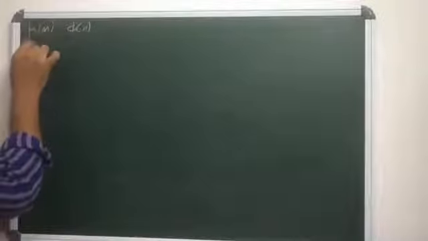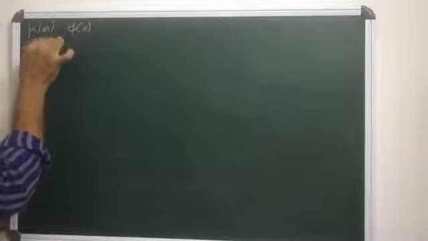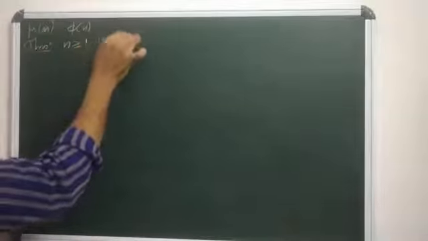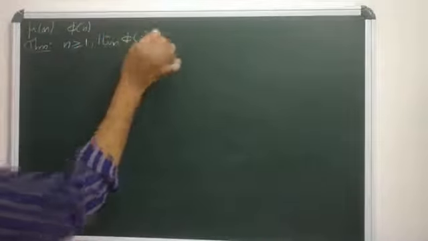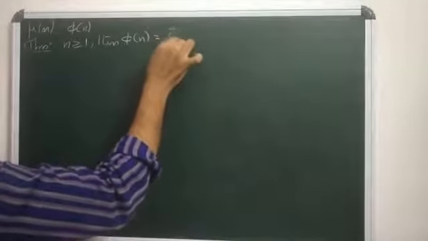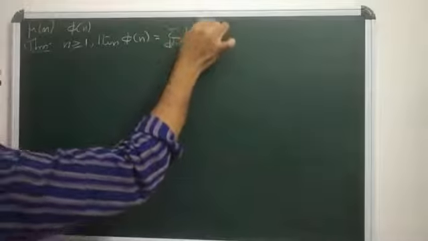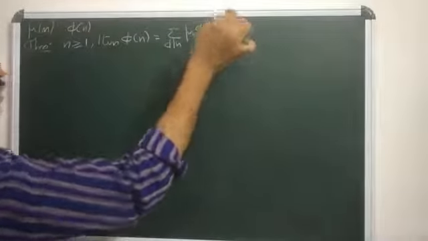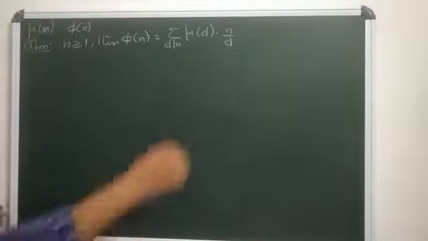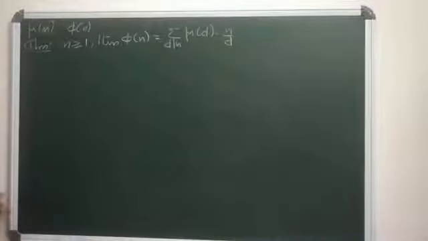For any n greater than or equal to 1, phi of n equals sigma over d divides n of mu of d times n by d. So this is the relation between phi and mu.